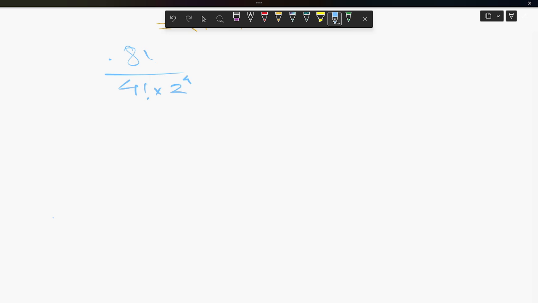This is because there are 4 factorial ways to arrange the transpositions and 2 ways to arrange the numbers inside each transposition.